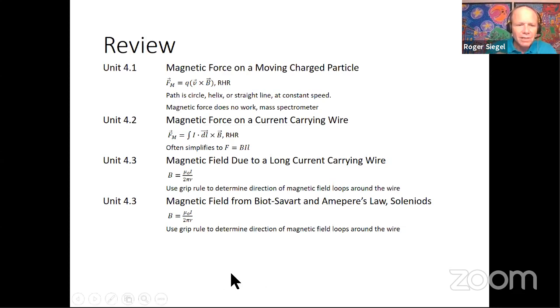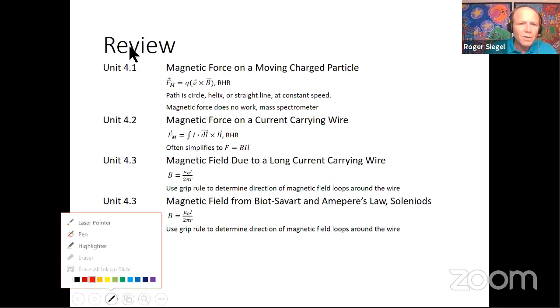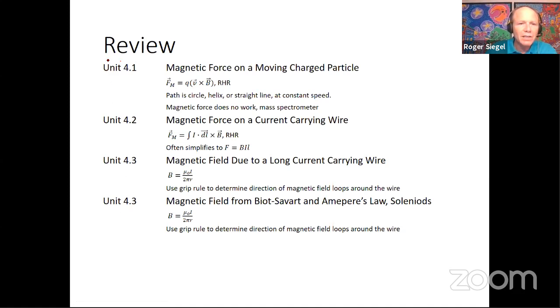The first part is where we're looking at what a magnetic field does to moving charges and to current carrying wires. And then the second part is asking the question, how do I get a magnetic field? And if I have a certain current, how much magnetic field does it produce? And so that was Unit 4.